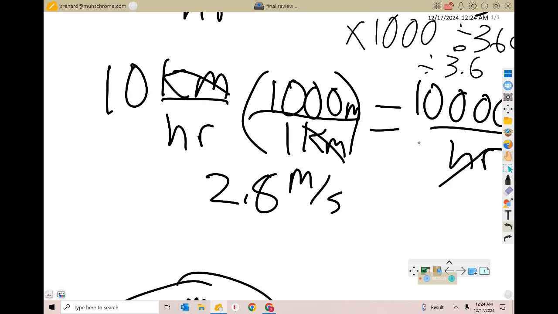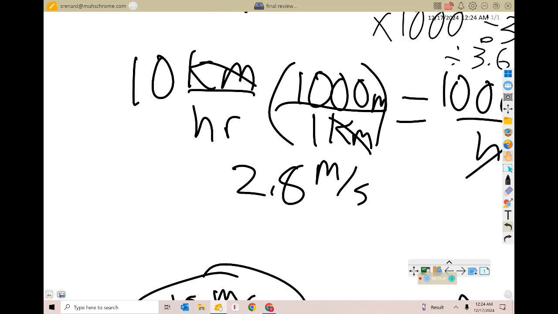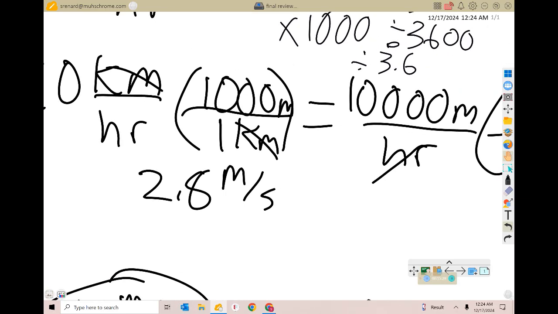This is how you do it, though. Let's say I'm going 10 kilometers per hour, and I want to know how many meters per second that is. I have 2.8 meters per second here. That's my answer, but let's still walk through it. First, I multiply by 1,000, because there are 1,000 meters in a kilometer.